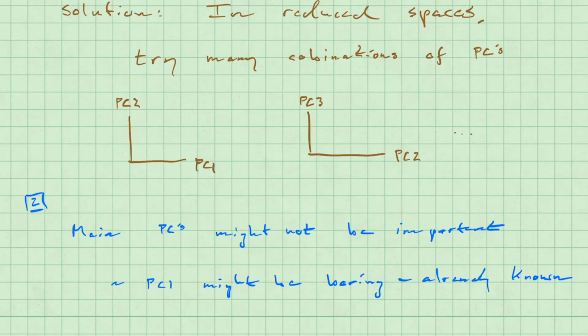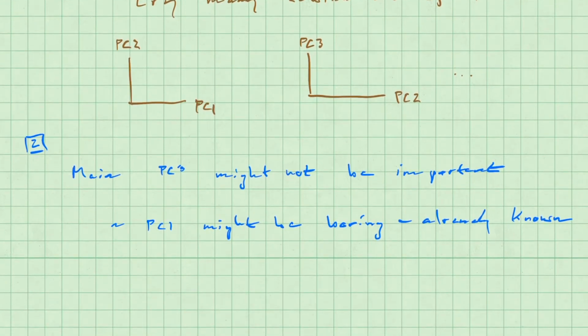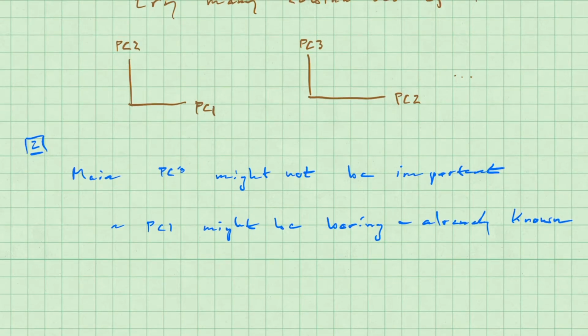Maybe one of the variables was weight, and surely that's going to be strongly correlated with obesity and leanness, and so it's not actually a new thing that you suddenly can use to discriminate, some new information. Really, it's not particularly exciting. So that's one reason why the lower principal components might not be important. They could be things that you already knew all about, and it's just not anything interesting or new.